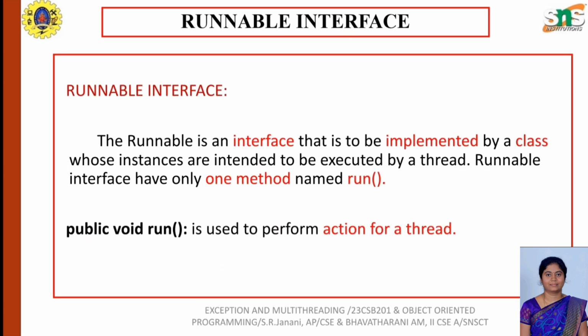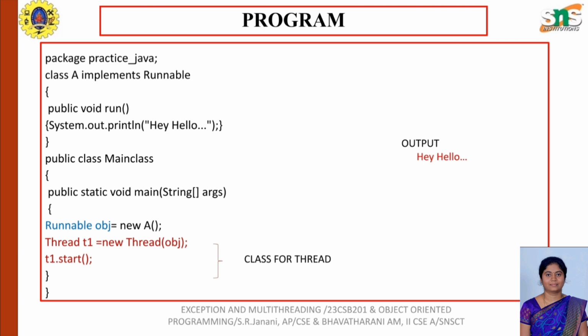Then the Runnable interface. The Runnable interface is an interface that is to be implemented by a class. It has only one method named run. Public void run is used to perform the action for a thread. It's known as the Runnable interface. The example program under package practice: class A implements Runnable.